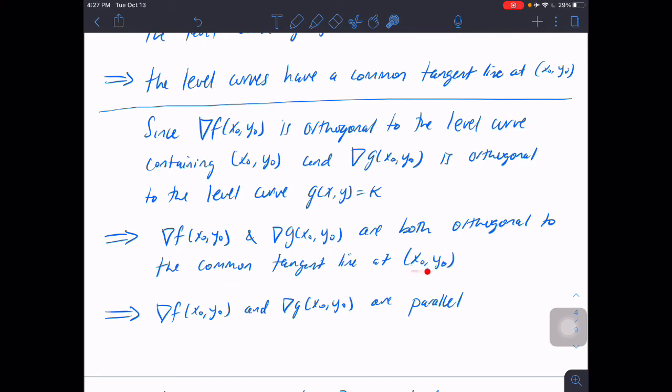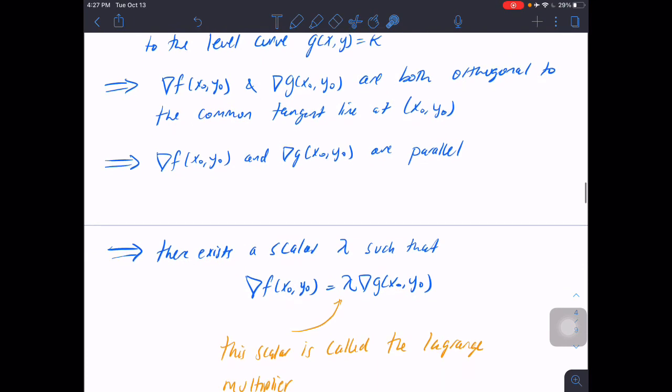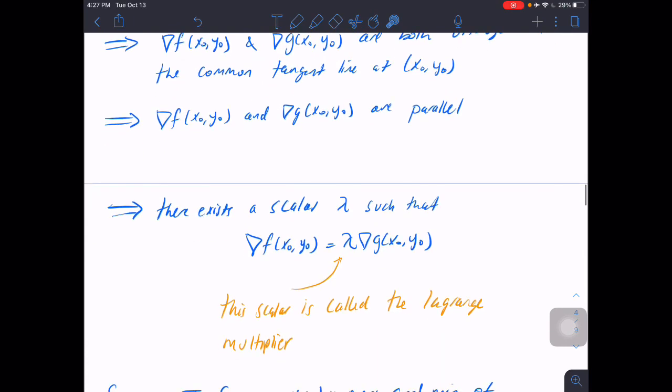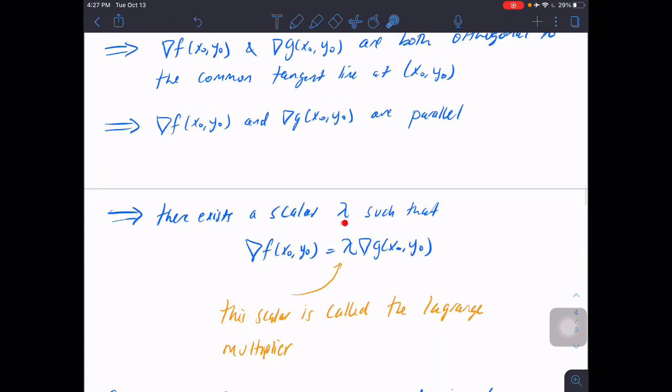And since they're both orthogonal to that common tangent line, both of those gradient vectors must be parallel to one another. And since they're both parallel to one another, that tells us that there has to exist a scalar, which we're going to use now the Greek letter lambda. We're going to call that scalar lambda here.